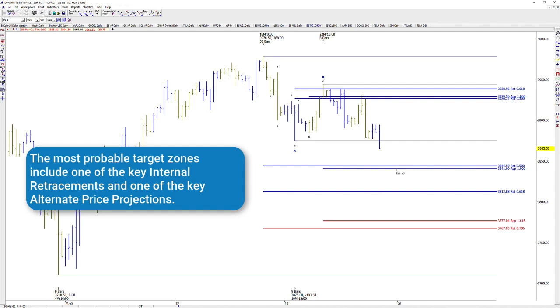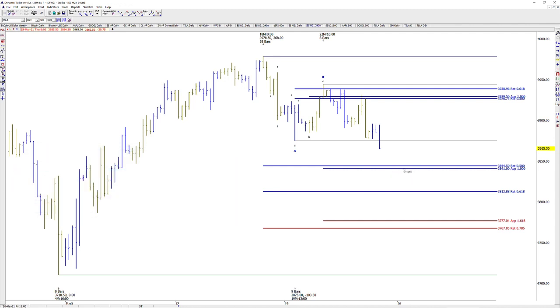More than likely, the wave C target, this would be the ideal target zone around the 50% retracement and the 100% alternate price projection. And this would be the maximum probable target zone. And more than likely, it wouldn't terminate around the 62%. And that's why I always say probability is more than likely, because in the last example, it terminated right around that.